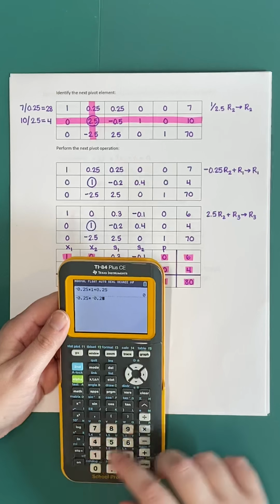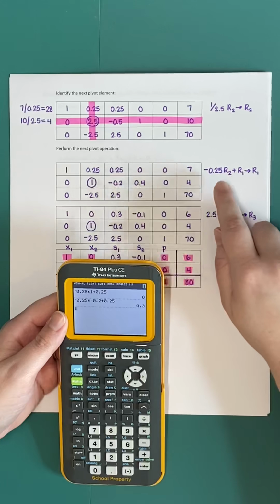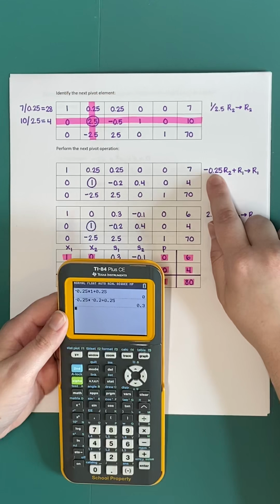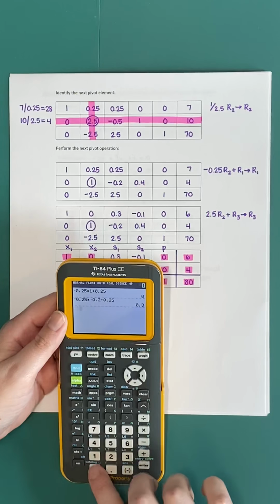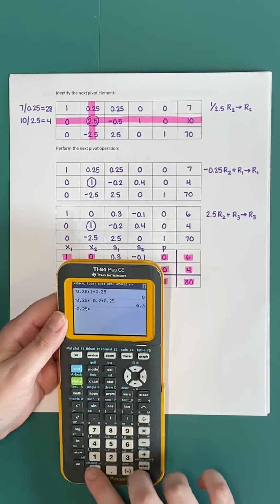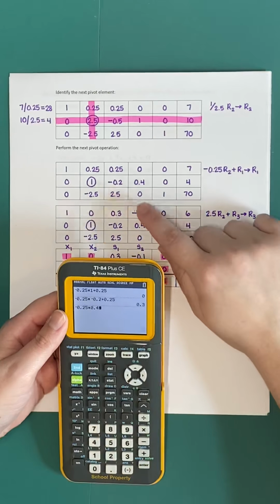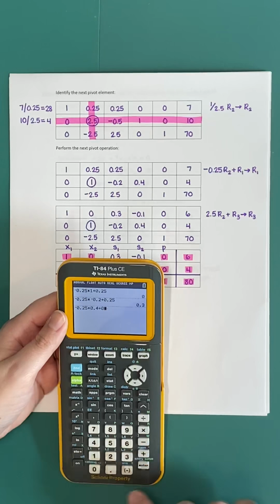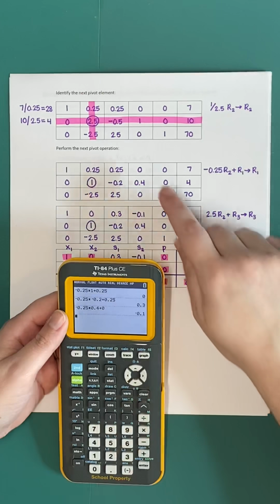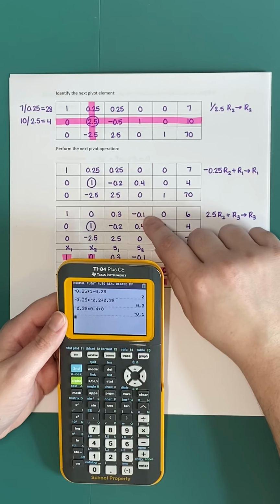Okay, next column, now we're looking at that 0.4. So negative 0.25 times 0.4, and then we are adding that to row 1. So plus 0 is going to be negative 0.1.